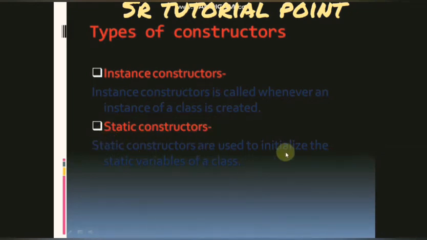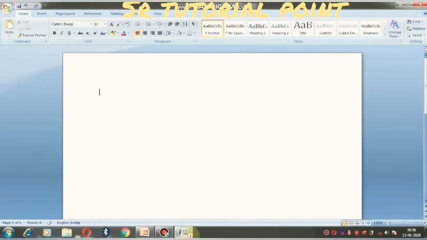Then static constructor. Static constructors are used to initialize the static variables of the class. I will give you the example for that. See, I am creating a Class1. Then I am declaring a variable here as static, static int num1.